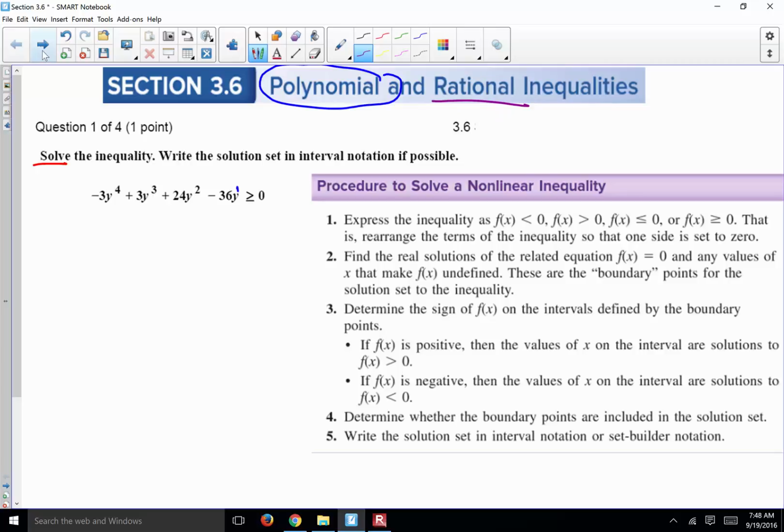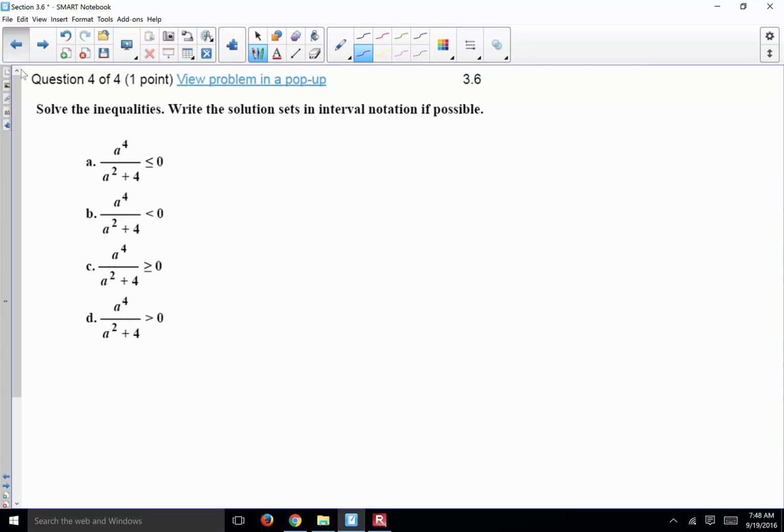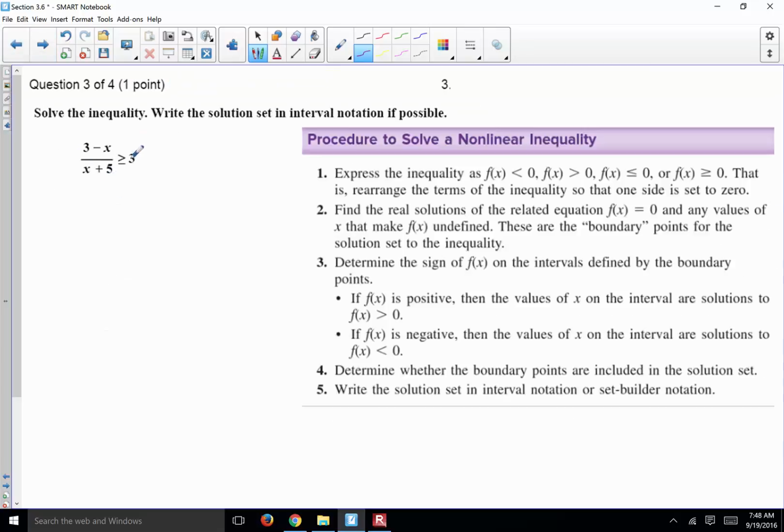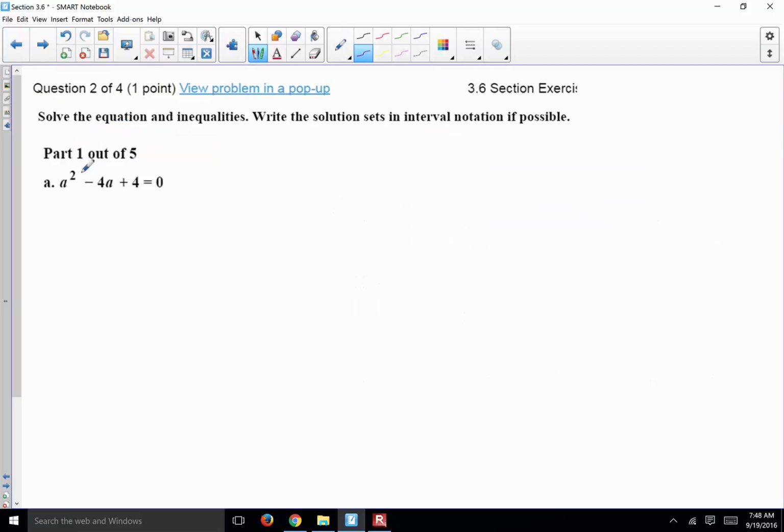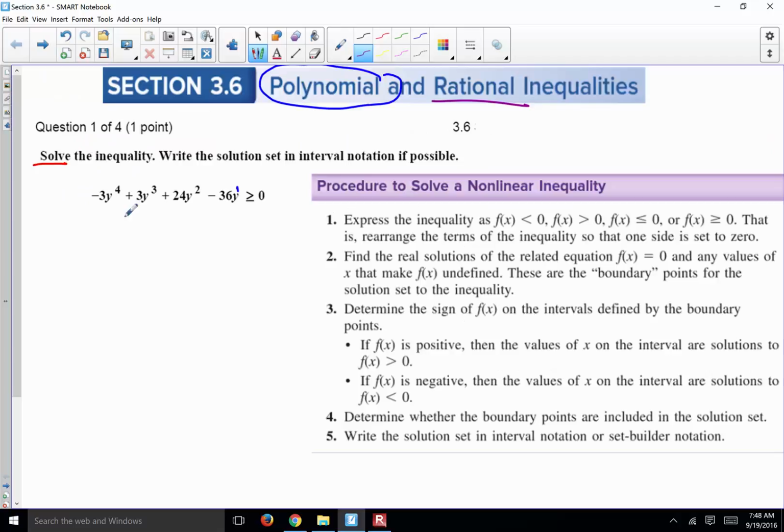By the way, a rational inequality is something like this or this. A ratio on one side, and on the other side you have a number, or usually 0. This is a rational inequality. Here, this one or this one is called polynomial because you don't have a denominator. First of all, before anything else, you need to make sure the right hand side is completely 0.